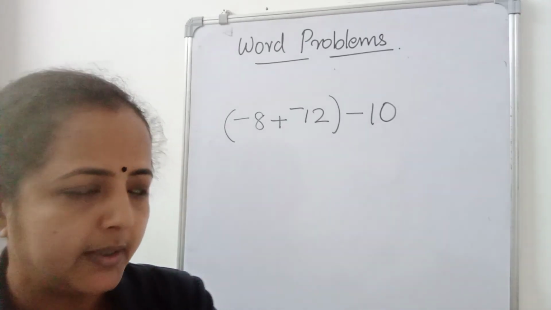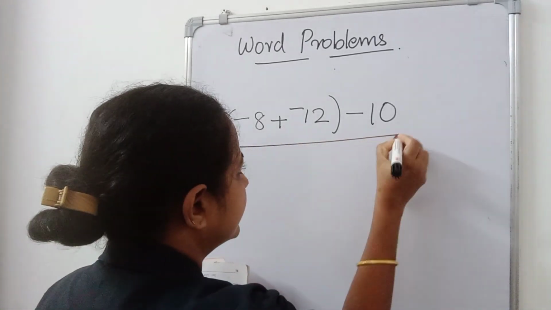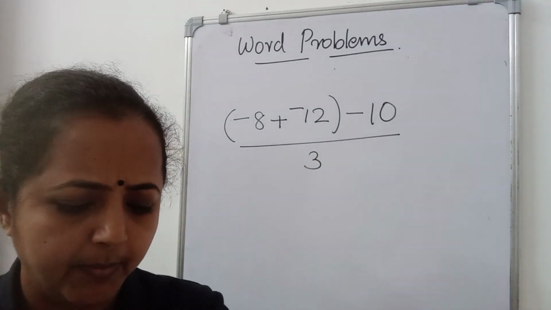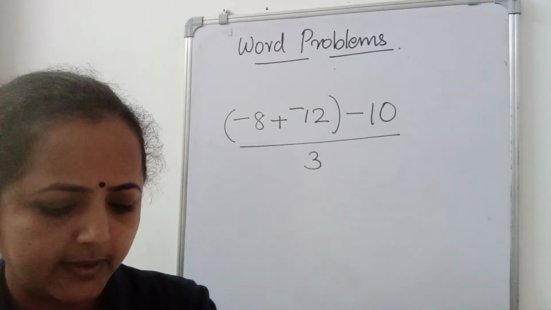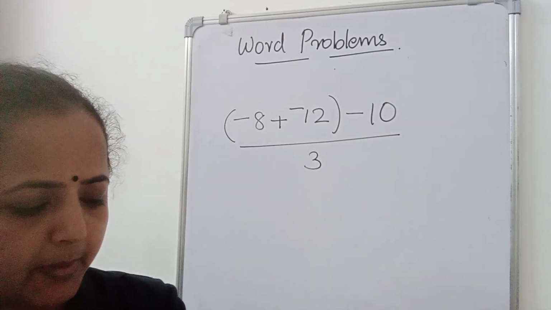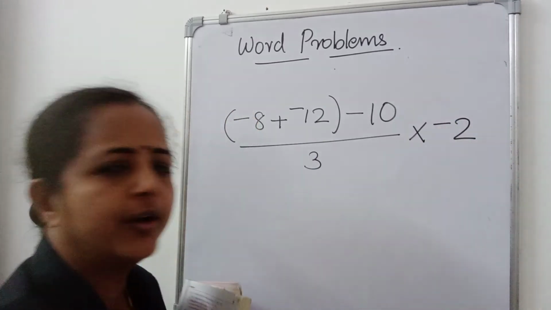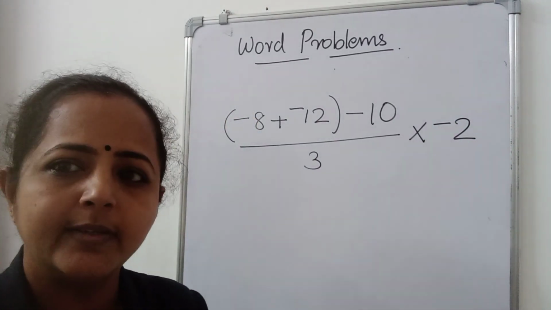Divide the result by 3 and multiply the answer by minus 2. Divide the whole result by 3 and multiply the answer by minus 2. What will you get? This is only simplification.